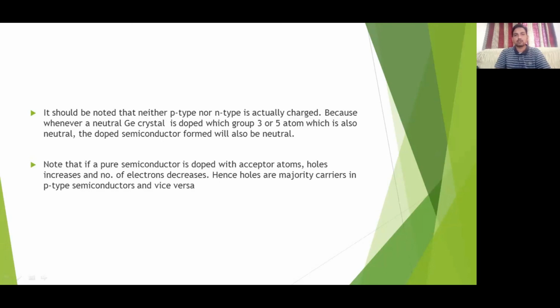They are neutral. Also note that if a pure semiconductor is doped with acceptor atoms, holes increase and the number of electrons decreases. Hence, holes are majority carriers in P-type semiconductor, and vice versa, electrons are majority carriers in N-type semiconductor.